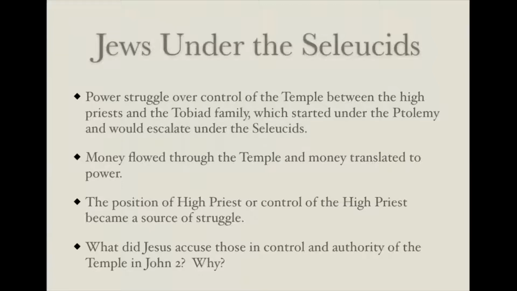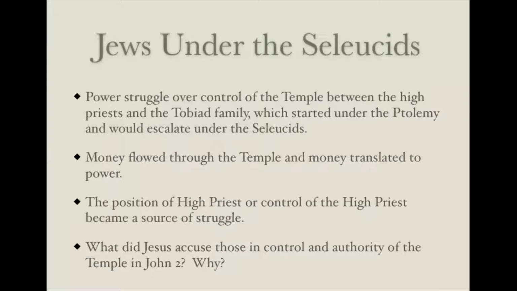Like I said, the Ptolemy set up where the high priest was responsible for collecting the taxes. So a lot of money was flowing through the temple, and control of the temple meant they would control the money and thus control power. That's why the position of high priest became a source of struggle, right?